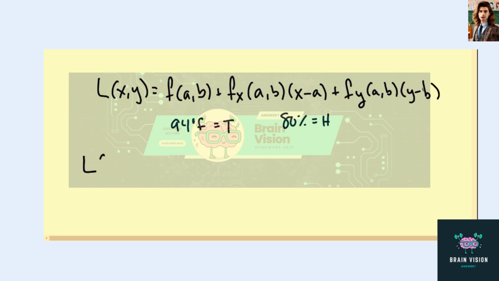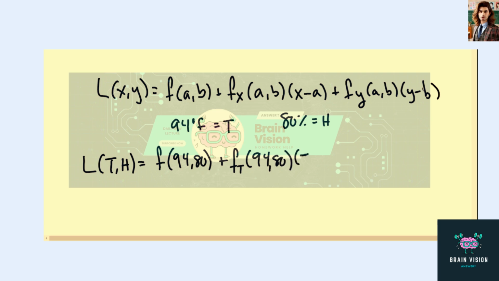So this means our linear approximation at temperature and humidity is going to be equal to this function at 94 and 80 plus partial derivative with respect to the temperature at 94 and 80 times t minus 94 plus the partial derivative with respect to humidity, again at this same point, 94 and 80 times h minus 80.